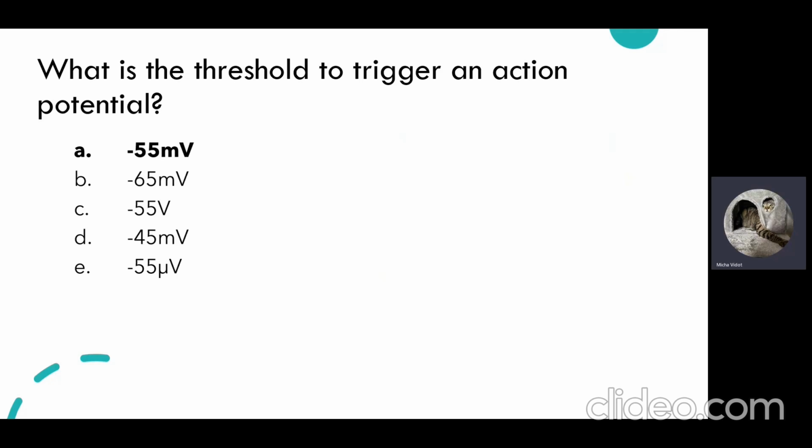So mV is millivolts, V is volts, and the μV is microvolts. So this is how they can often trip you up in SVAs: you can see minus 55, and if you're rushing, you might select any one of those minus 55s. But you need to make sure to check the units and make sure that it's correct.